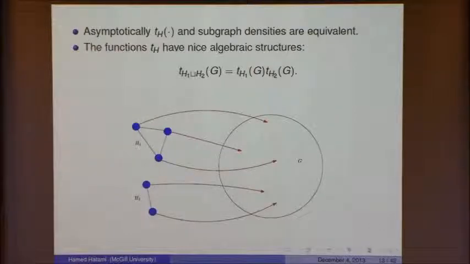For example, the following, which I'm going to use later: if you have two graphs, H1 and H2, and you look at their disjoint union, then the probability that a random map from the disjoint union is a homomorphism is just the product of the probability that mapping the first part gives you a homomorphism times the probability that mapping the other graph gives you a homomorphism. Everything is independent. I want all these edges mapped to edges and all these edges here mapped to edges, so I can just multiply. So I get this nice identity.